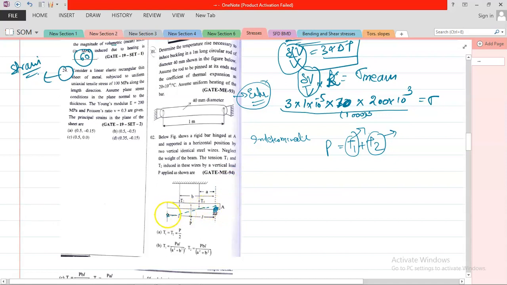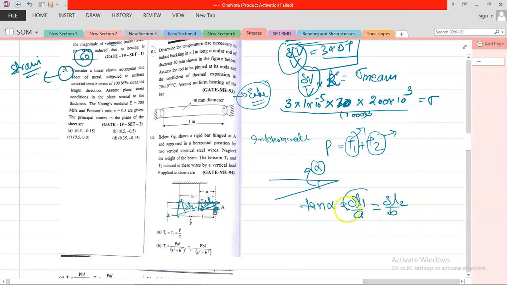Here the elongation is delta L1, and here the elongation is delta L2. So the common angle will be equal. If you take tan alpha, then tan alpha will be delta L1 by A, this is your triangle, and this is equal to delta L2, this is your deflection, divided by A plus B, that is delta L2 by B.